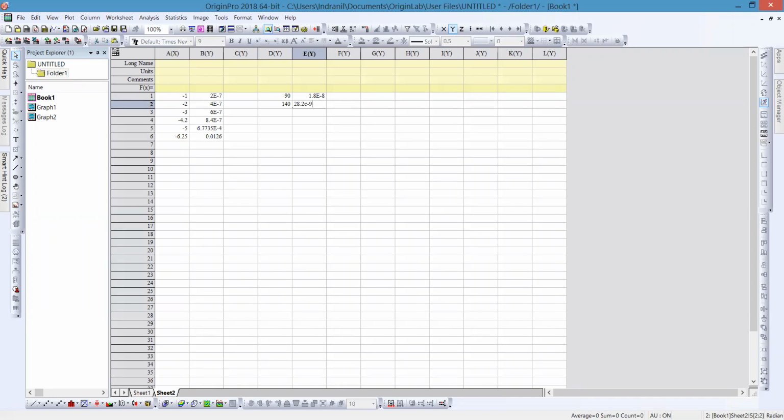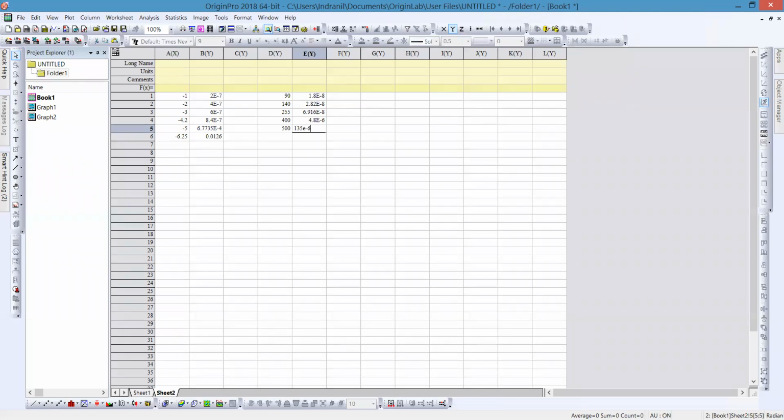Okay, good. Next, 255 millivolts, and the current is 69.16 nanoamps. Okay, good. Sir, 400 millivolts, 4.8 microamps. Good. Next, sir, 500 millivolts, 135 microamps.